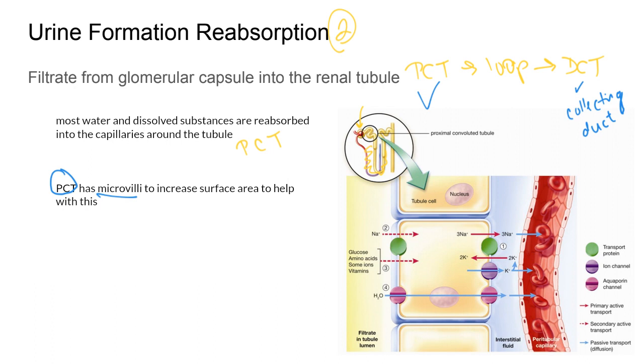If you look at your image down here on the bottom right, we've zoomed in. This is the tubule side. These are the peritubular capillaries. Remember, peri means around. You'll see that things are being reabsorbed back into the capillaries: water, sodium, potassium, various other ions.